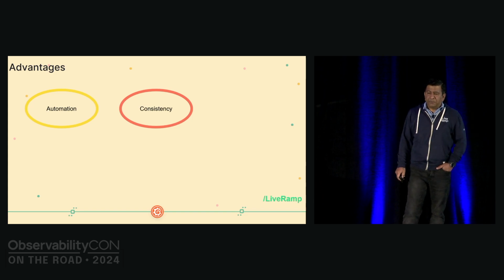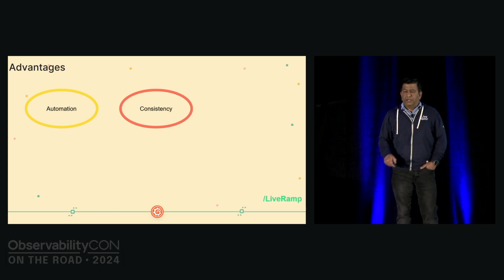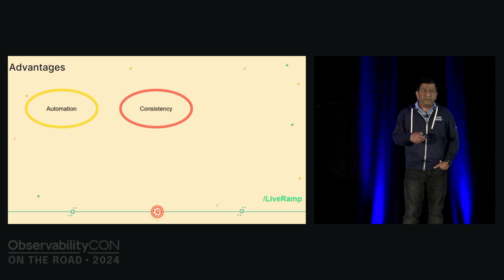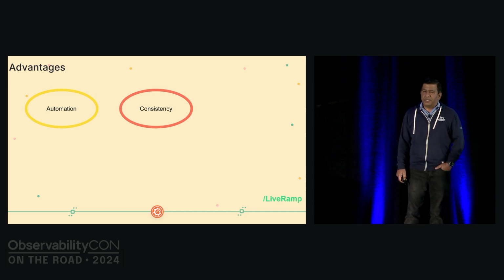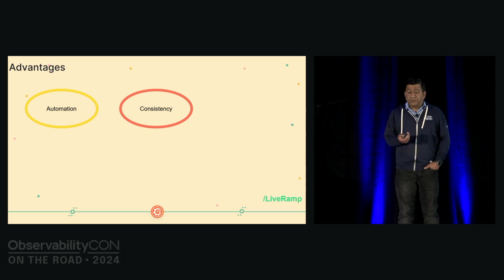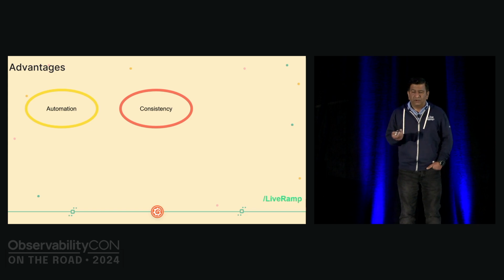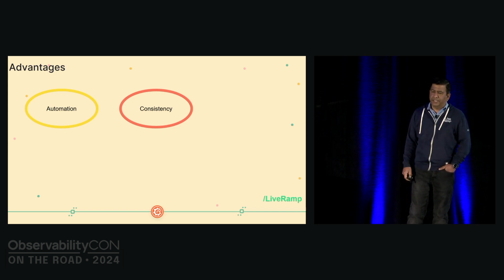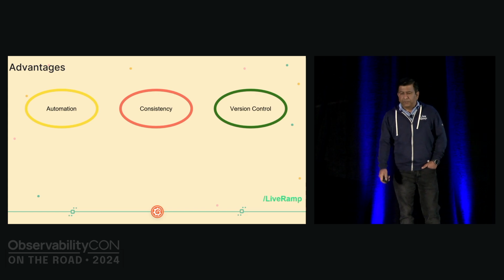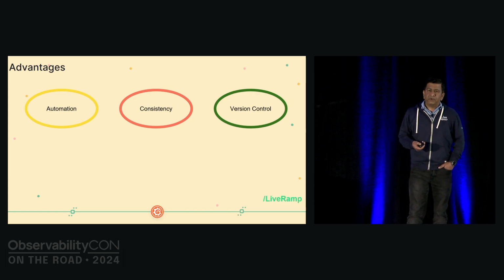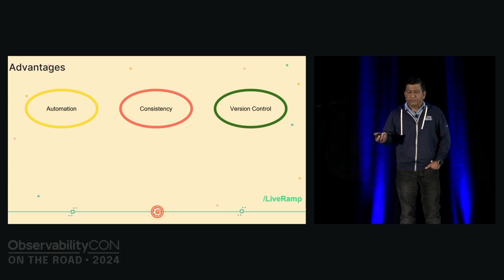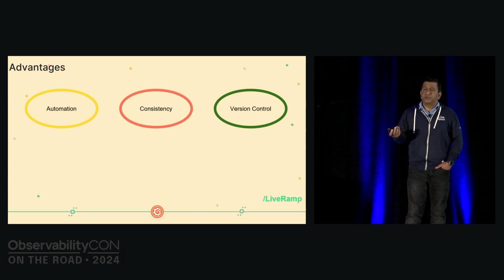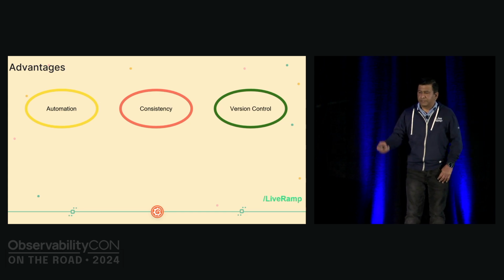Consistency. Code-based configurations ensure consistency across different environments and deployments. This reduces the risk of errors that are very common in manual configurations. Version control. By defining Grafana configurations as code, you can leverage a version control system like Git.